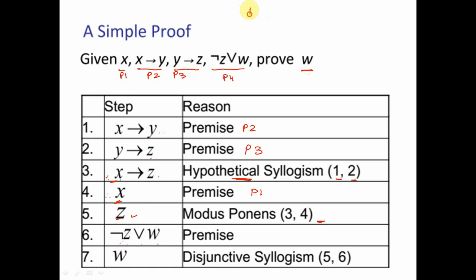Disjunctive syllogism looks like P or Q and not of P, therefore Q. Now see, this says Z and this says not of Z or W. Where we had P over here, I am having not of Z, and where I had not of P, I am having Z, which is actually not of Z. So disjunctive syllogism is applicable over here.